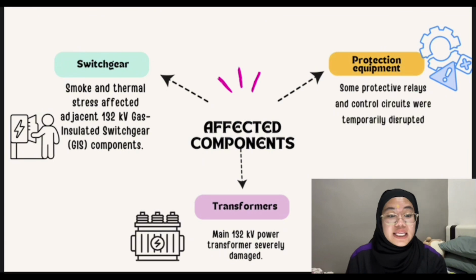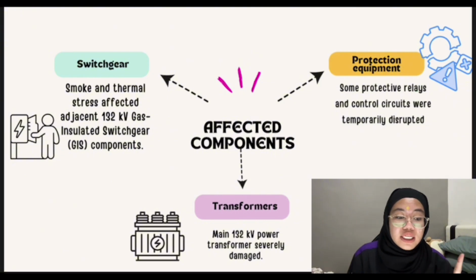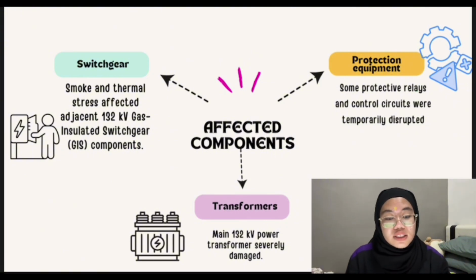Let me show you the extent of damage across the substation infrastructure. The fire didn't just affect one component, it created a cascade of failures across multiple systems. The main 132 kV power transformer was severely damaged. This was the epicenter of the fire.